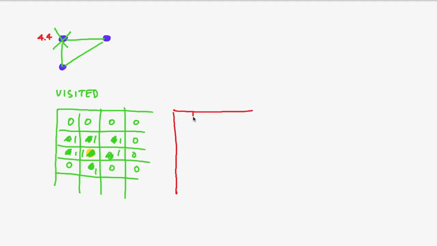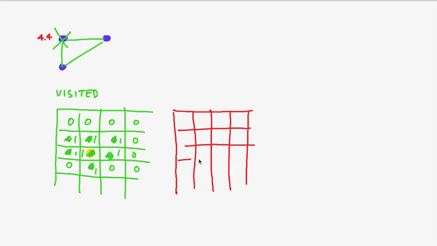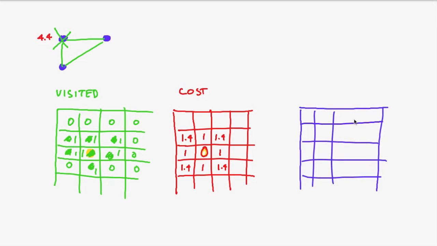We now also want to record its cost. So we would need a second array where the cost of the start node is 0. And so whenever we mark a node as visited, we write down the cost of this node in this second array. Now here comes a trick. Instead of using a second cost array, we will just use a single array where we will record the cost, and whenever the cost is larger than 0, we know we have visited this node.